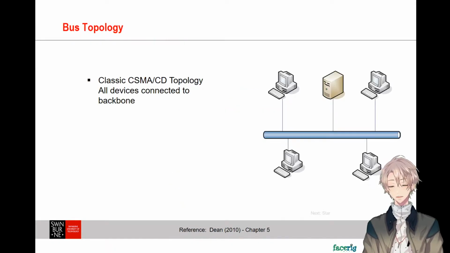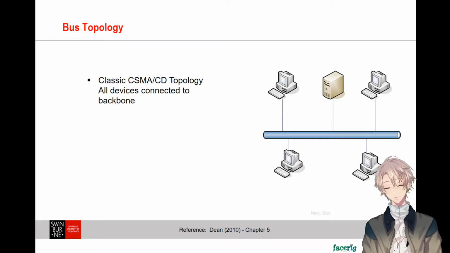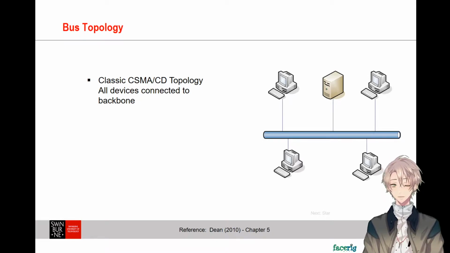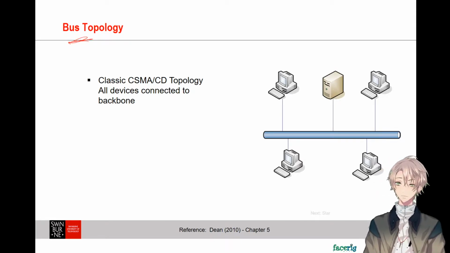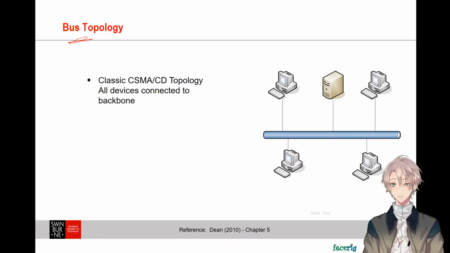What is network topology? Network topology is the strategy that you use to connect your devices together, something like a map of your devices. For example, we have a bus topology over here. It's a classic CSMA/CD topology, in which all of the devices are connected to a single backbone or a single wire. Those are called bus topology.